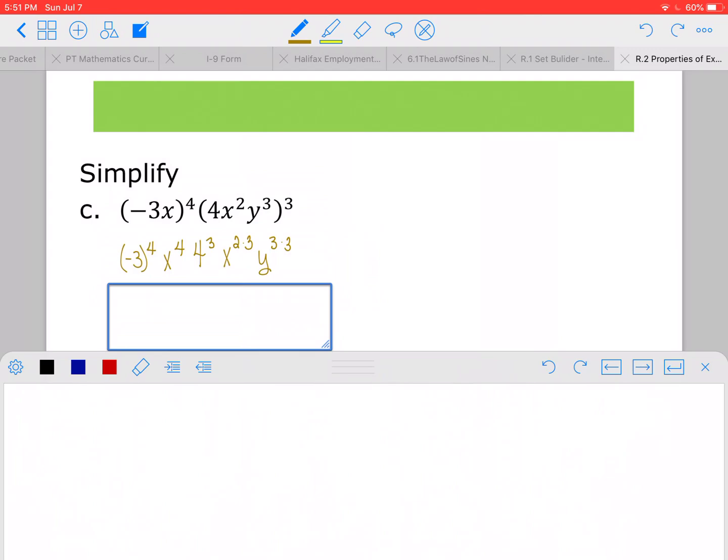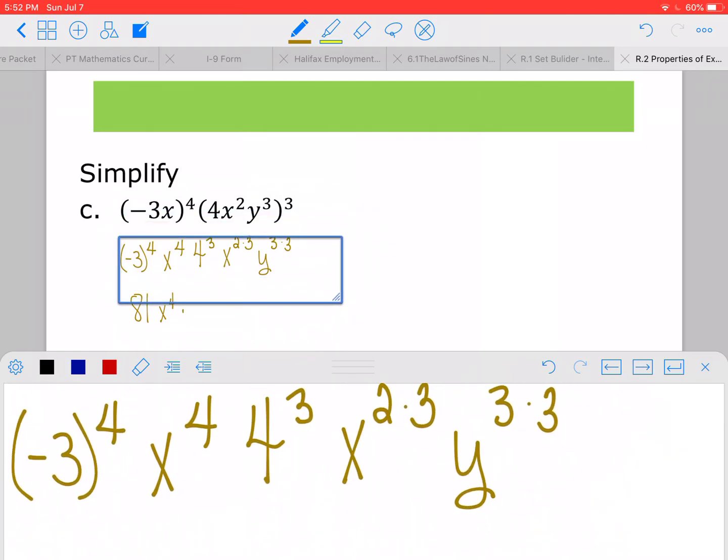So that gives us negative 3 times negative 3 times negative 3 times negative 3. Negative 3 times negative 3 is a positive 9. So we end up with 9 times 9, which is positive 81. Then we've got x to the 4th here. We've got 4 cubed.